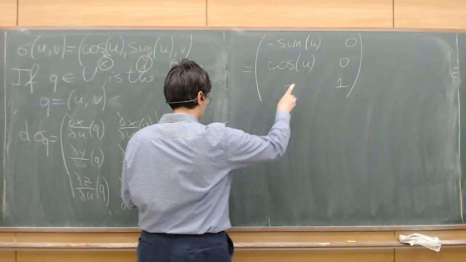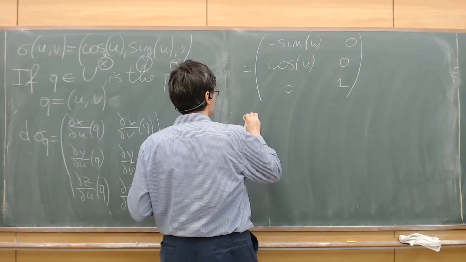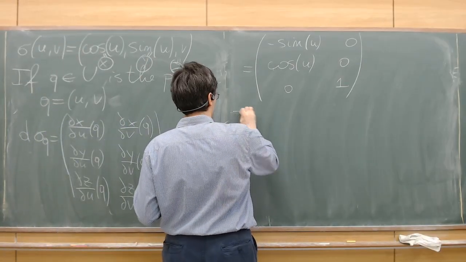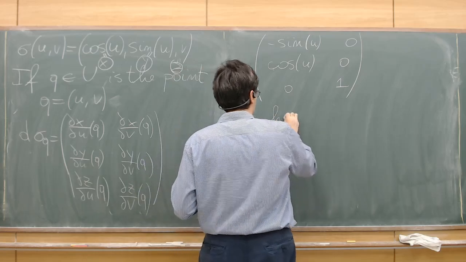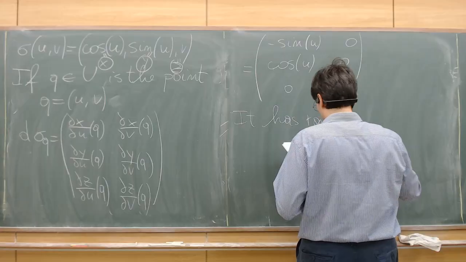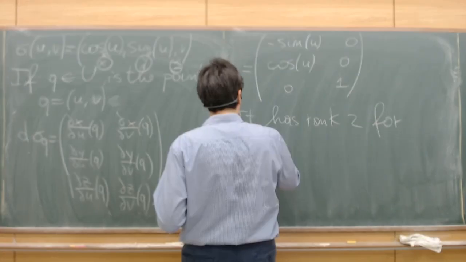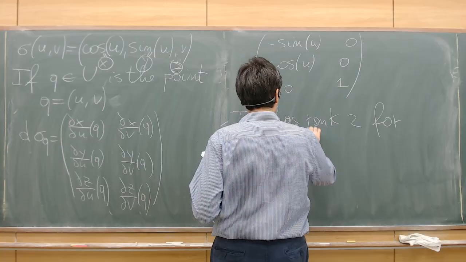So this is a matrix of rank 2 for any u, v in U.